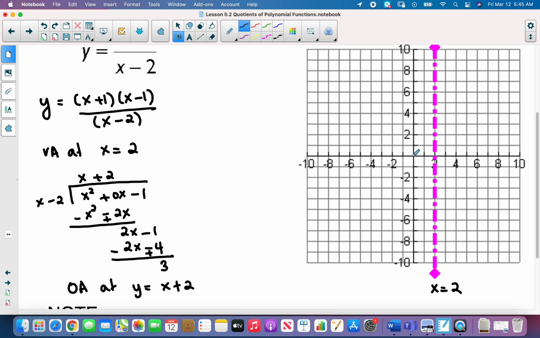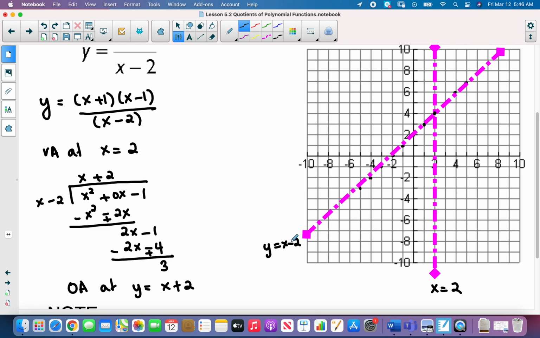So that would be a line with a slope of 1 and a y-intercept of 2. So it's here. Just get some points and we can graph that line, and take our ruler and draw that line, which is y equals x plus 2.